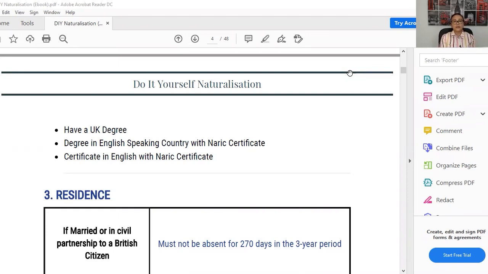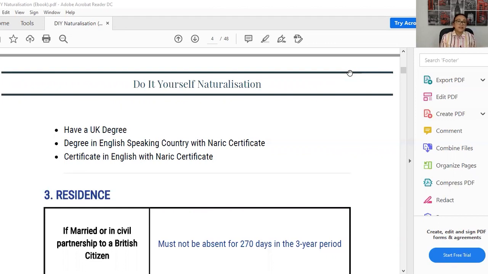So if you have a qualification abroad, it searches and matches it with the UK qualification. So if you have a degree in an English-speaking country, not in the UK but in some other country, then you need a NARIC to confirm what the equivalent of that qualification is.